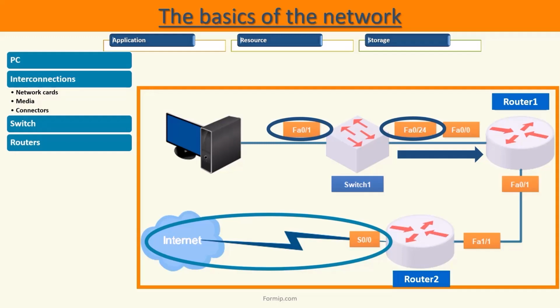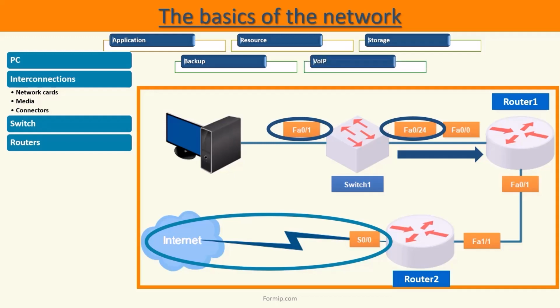Today, many people use them at home to share files, videos, and images between computers. Backup, a central backup server that all the computers on the network send their important data to back up. And VoIP, which means Voice over IP.